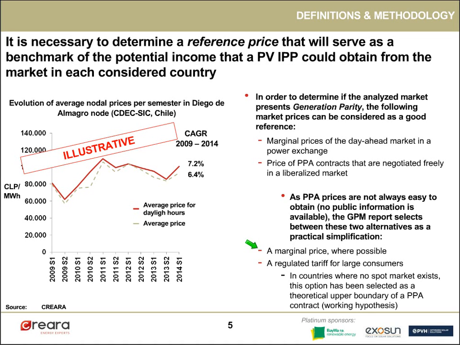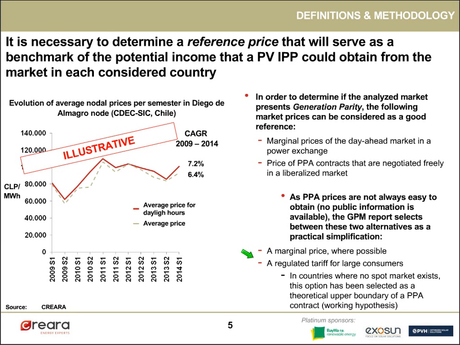And in those countries that do not have a spot market or power exchange, we've decided to use the regulated tariff for large consumers because we believe that this would be the upper boundary for a PPA contract. So no large consumer would be willing to pay more for the electricity than the regulated prices.